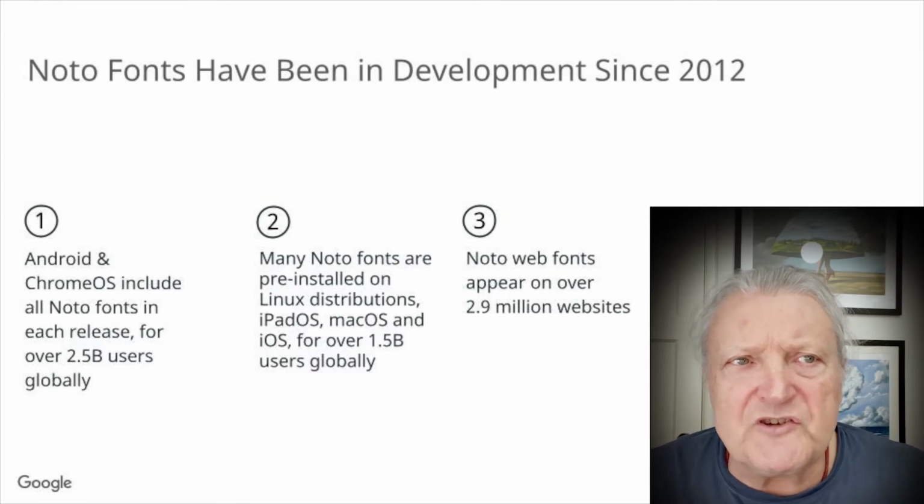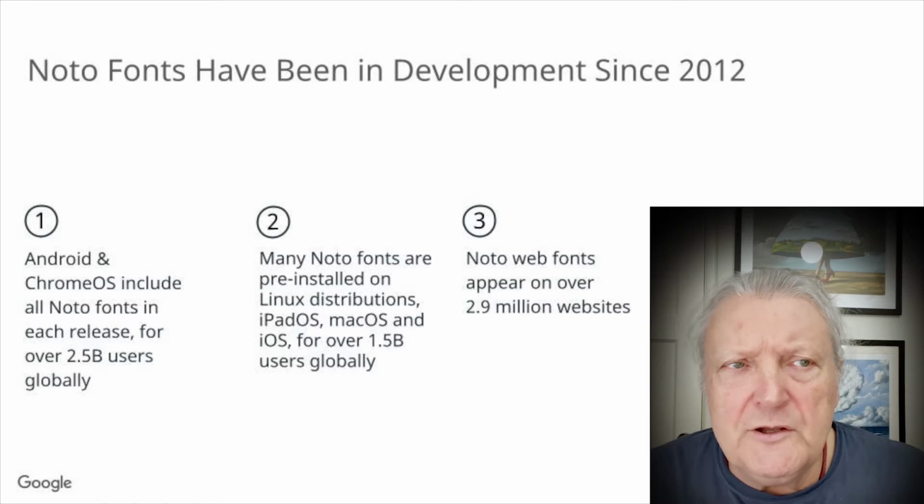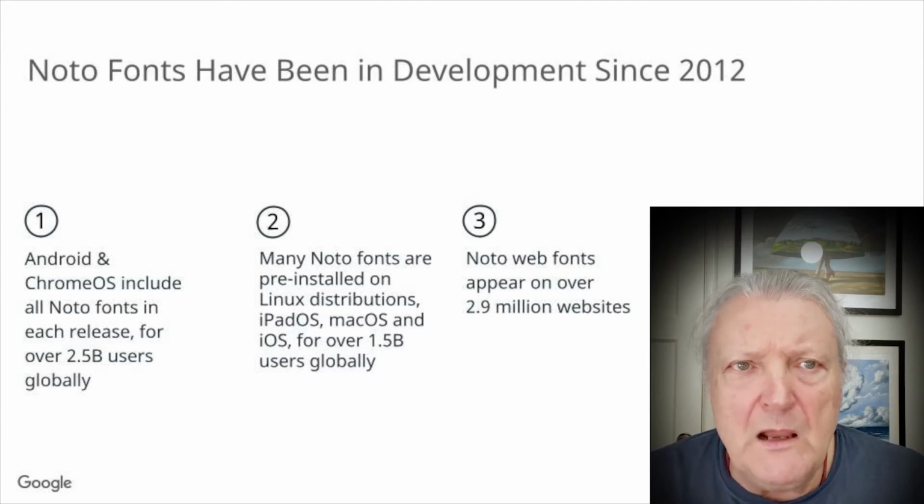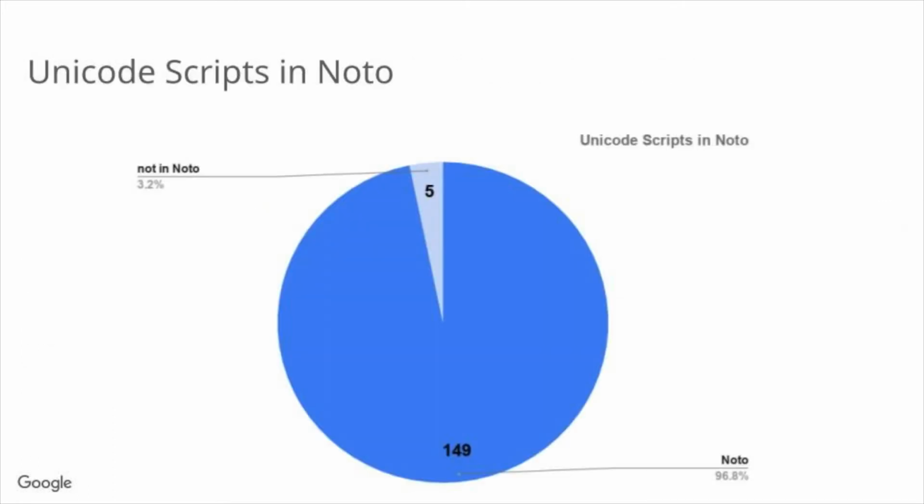Noto Fonts were started at Google around 2012. Initially, they were known as the Droid font family because of their connection with the Android phone system. However, at this point, they are distributed widely in many Google products and not only there. The Unicode standard is what informs Noto activities.